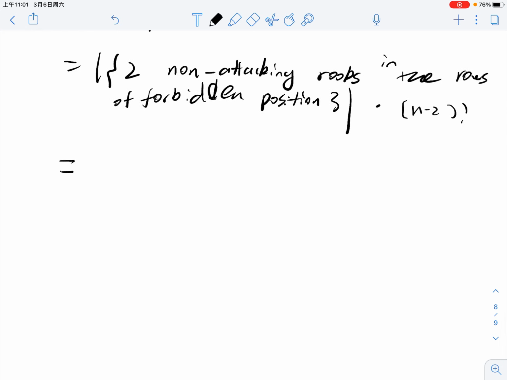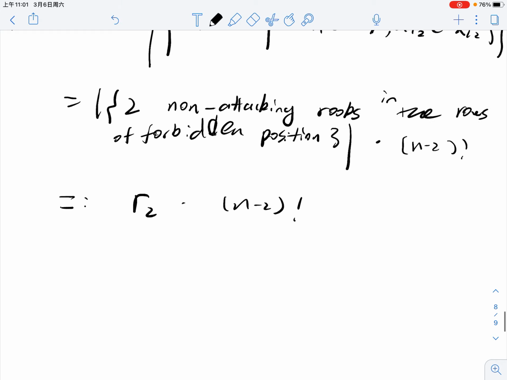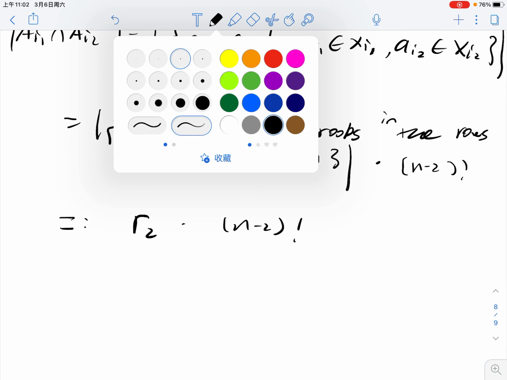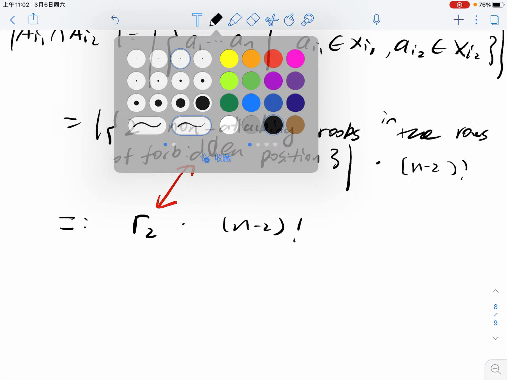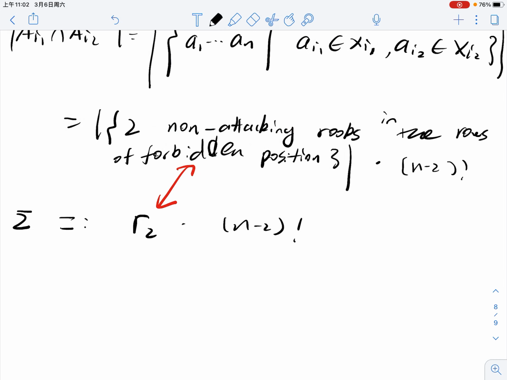Okay, we can define the first factor as R2. You should sum this up, because so far the number still depends on the column you are choosing.